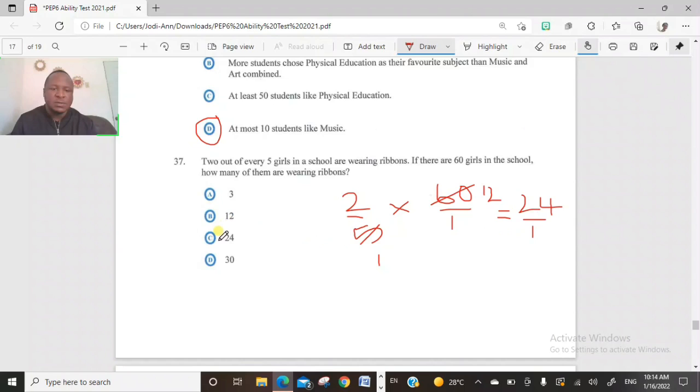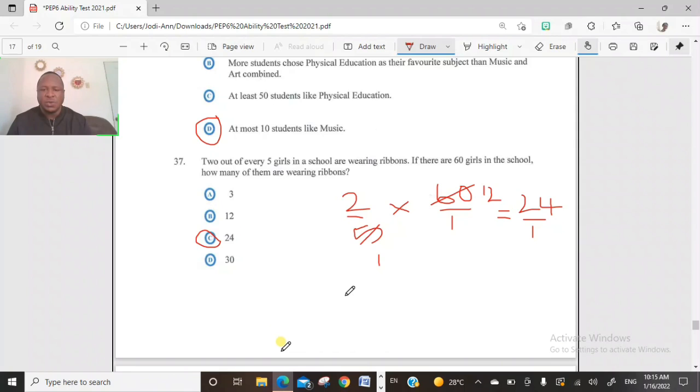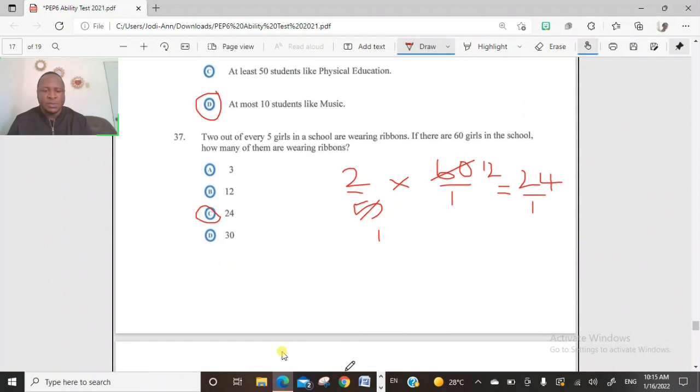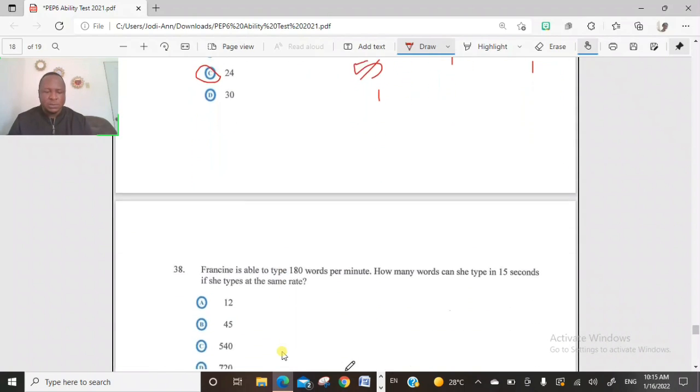So that one is C. Fairly simple, 2 out of 5 of 60.